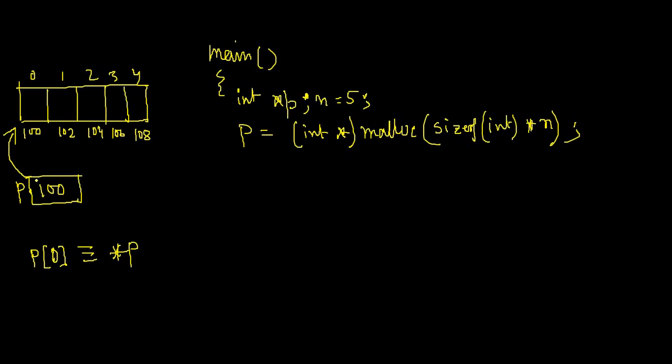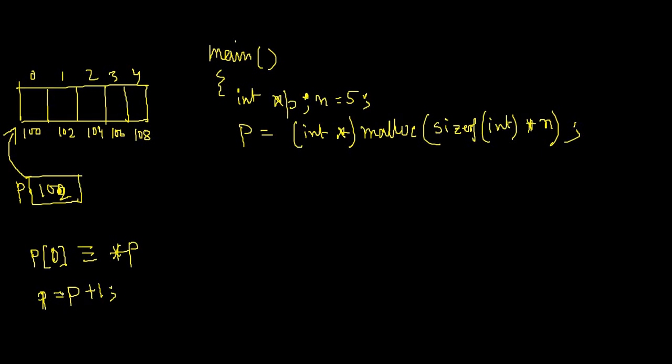Now, if you want to point to the second location, somehow this content should be 102 instead of 100. So you have to increment this pointer. You can write P equal to P plus 1.